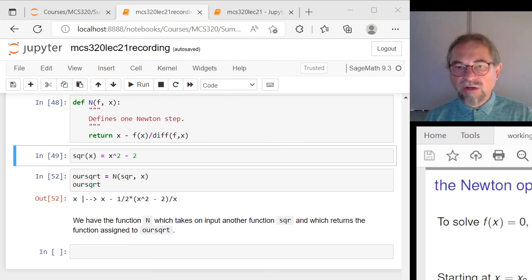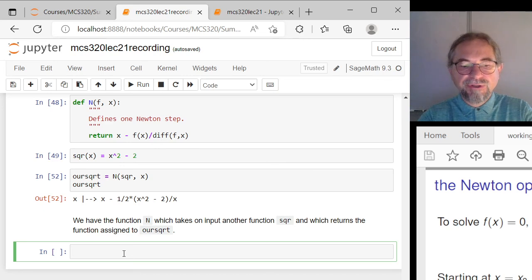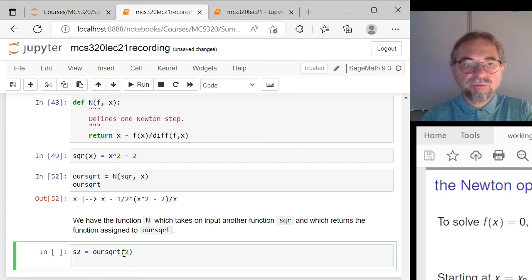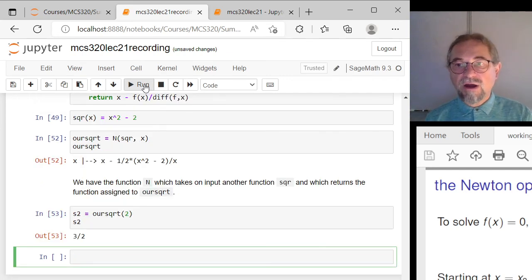And then if I run this, I get a function back. So the RSQRT will now be used to make approximations for the square root of 2. So I will run our SQRT starting at 2, and that gives me 3/2 as an approximation for the square root of 2.